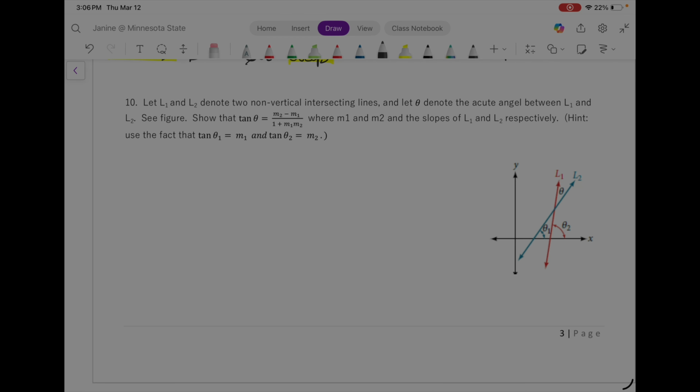Okay, take a look at this. They want us to use the picture and what we can see on the picture to show this. A couple different approaches that I have here.